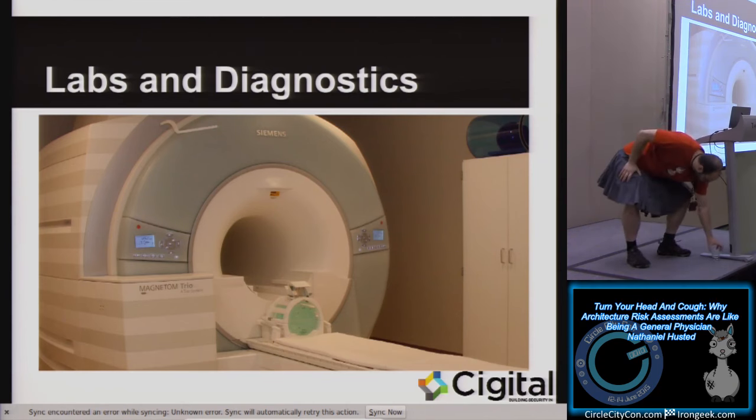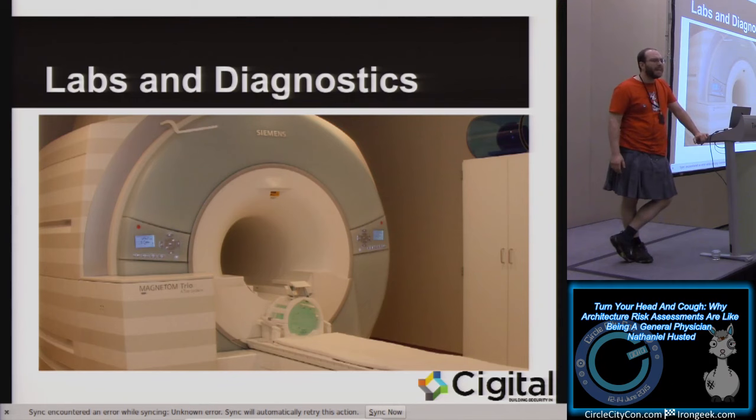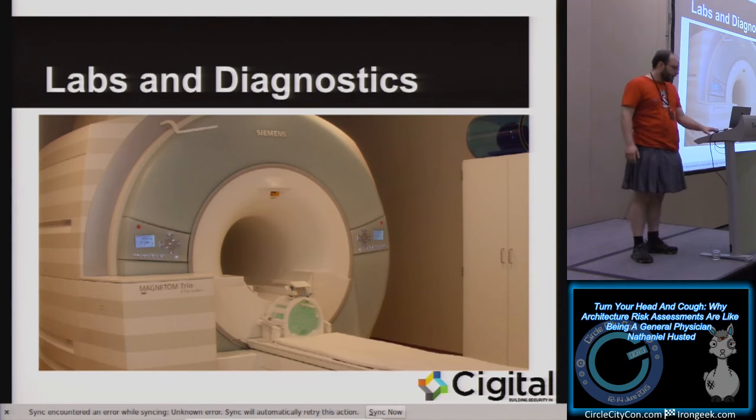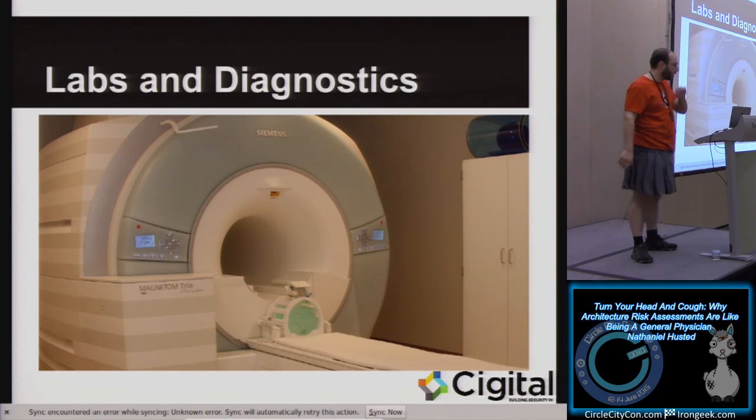And I mentioned that earlier when we were talking about the case studies. They have labs and diagnostics in medicine. You can go get an MRI and you get a wonderful image of your brain. Heck, you can see brain activity in a dead salmon. Great paper, by the way. Look it up.